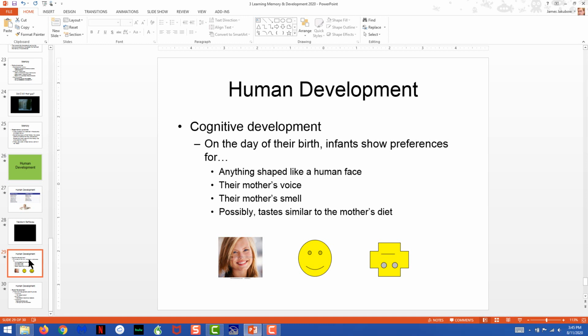And the interesting thing about that is the child has been upside down in complete darkness for 9 months, and they are going to come out of their birthing process and look at human faces more than anything else. And how could that actually happen if they have no experience looking at human beings?